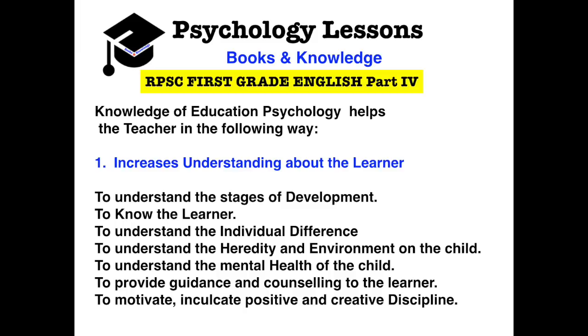All the learners are not the same. They have different capacity, so their learning speed is also very different. Their mental capacity is also very different. And heredity also helps to learn, to have that particular capacity. The teacher should also understand that if a person comes from a good background, with educated parents, he would learn faster.